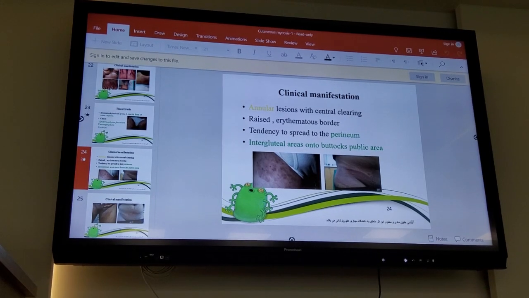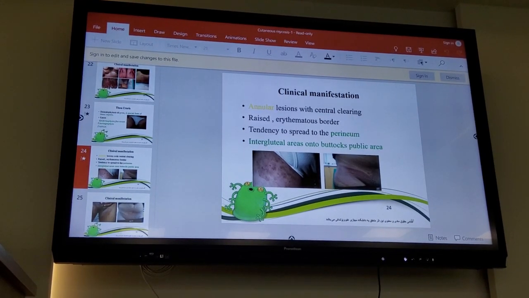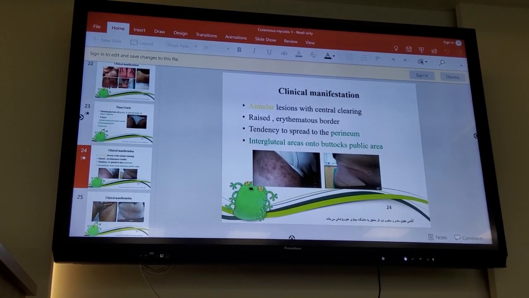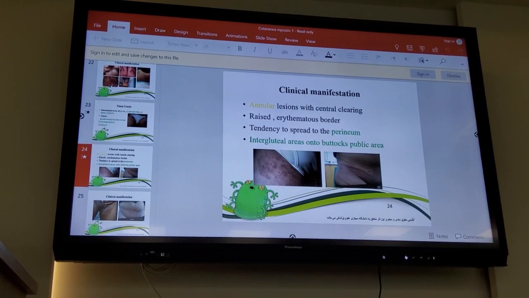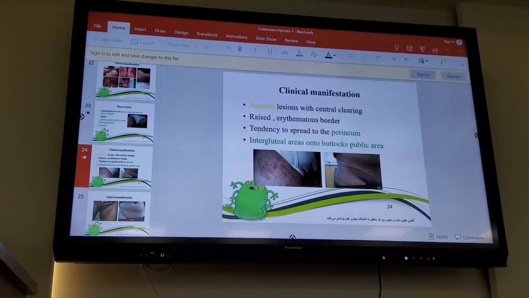What is the sample? Skin scrap, not hair. Skin scrap is usually the sample that you must prepare in the laboratory and examine with a microscope.